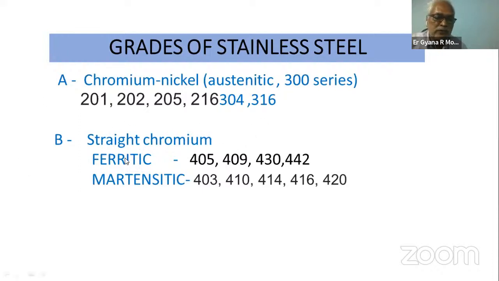Another is straight chromium, the ferritic and martensitic steels. Ferritic and martensitic steels are used in many applications, but most likely not in bridges. In bridges, what we are likely to use is 304. 304 has 7 to 8% nickel and 12 to 14% chromium. This steel is weldable, and normally by stainless steel we mean 304, and in some cases 316.